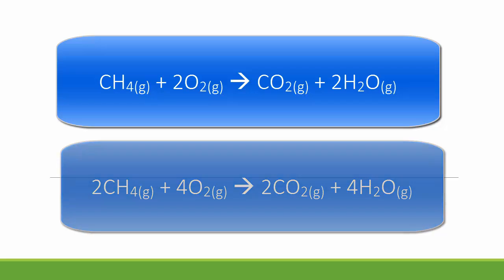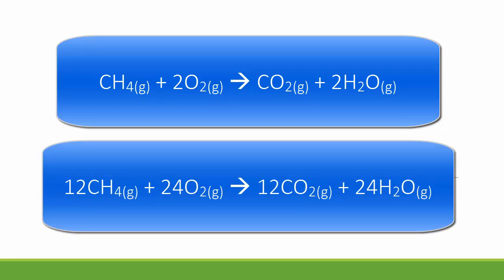If I had 12 methane, how many oxygens would I need? Right, I would need 24, correct. I would need 24 of them to still have my perfect reactants for my recipe. So I have 12 and 24.